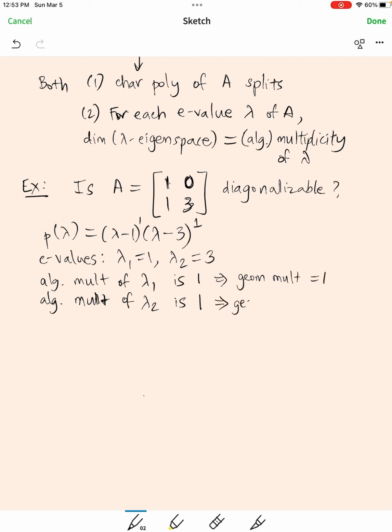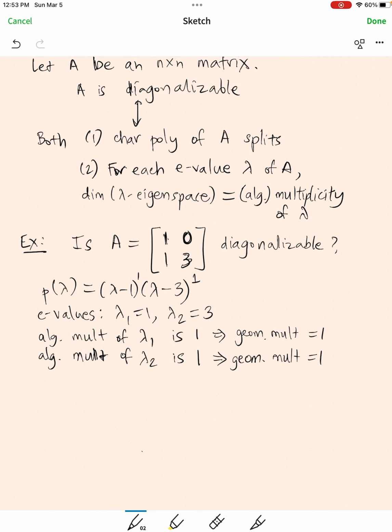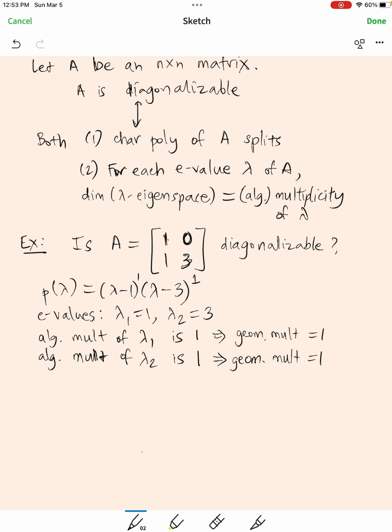For both of these eigenvalues. And therefore, what can you conclude from this diagonalization test? The characteristic polynomial splits, right?